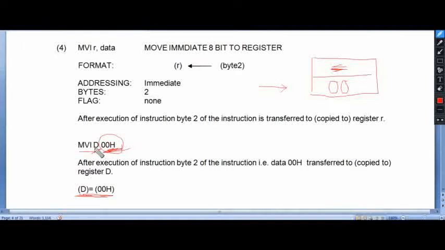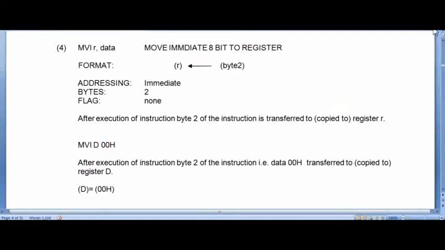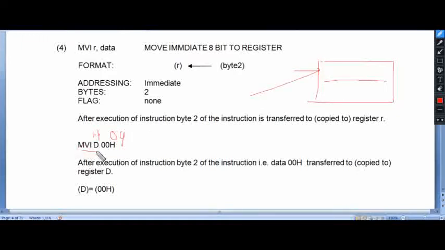For example, suppose here instead of MVI D, I write MVI H, and after MVI H I write 09. The first byte is the operation code. The operation code for MVI H is different than the operation code for MVI D. And what is present in byte 2?